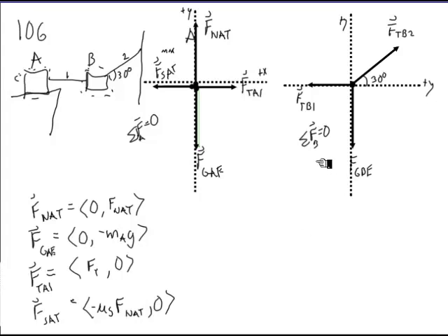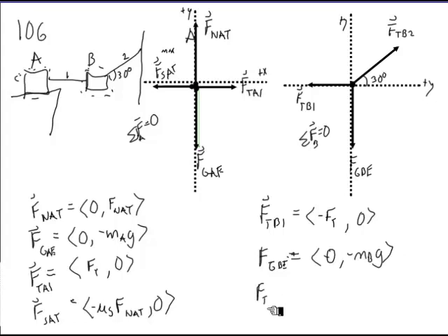I can draw the components for this one, FTB1. Again, we're going to give it a new name, just calling it negative FT, because it shows up in both systems. 0, this is FGBE. 0, comma, negative MBG.